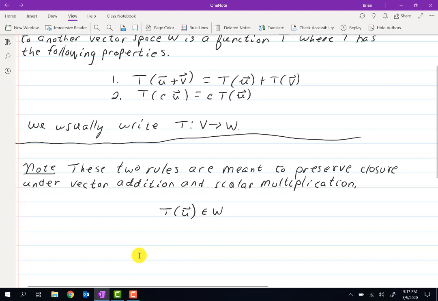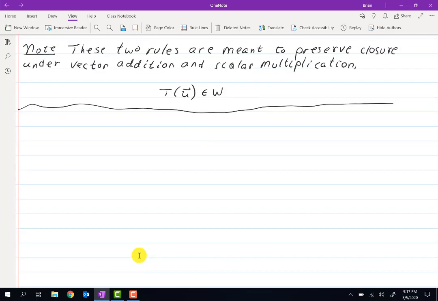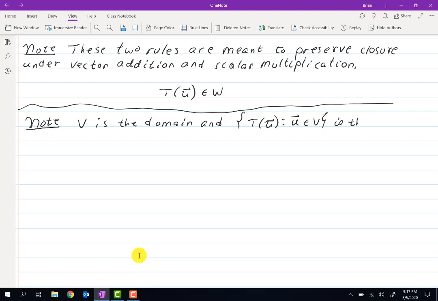So just always keep in mind that it's a function from V into W. Another note, V is the domain, and the following set, where I have T of U such that U is in V, is the range.